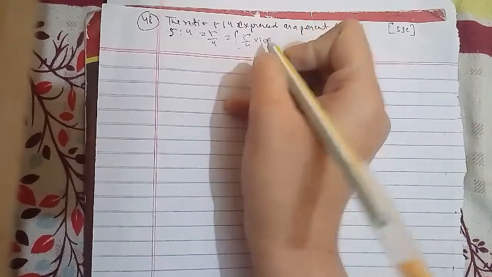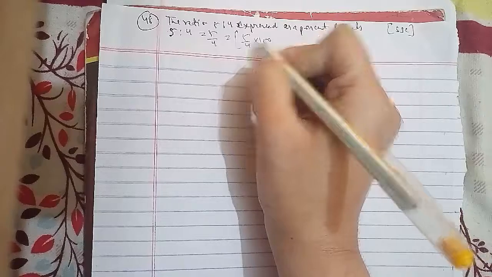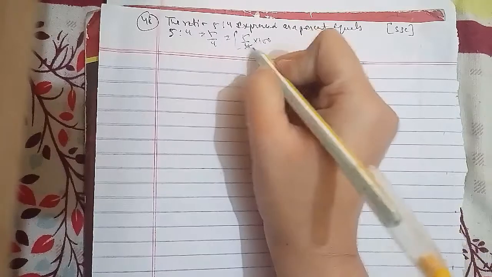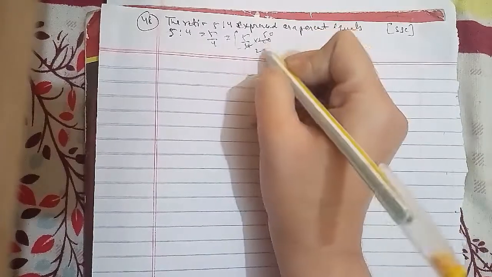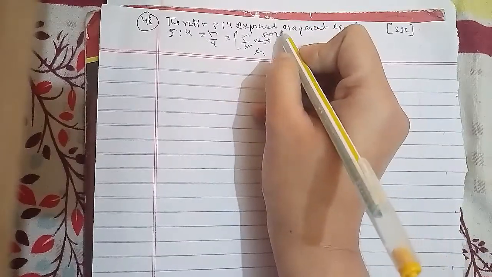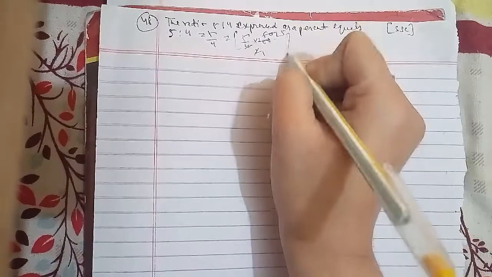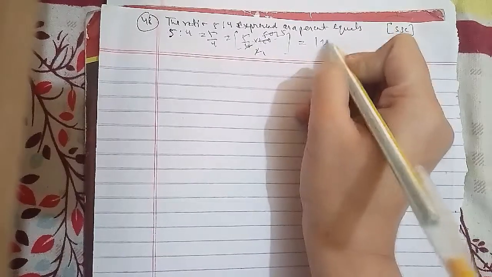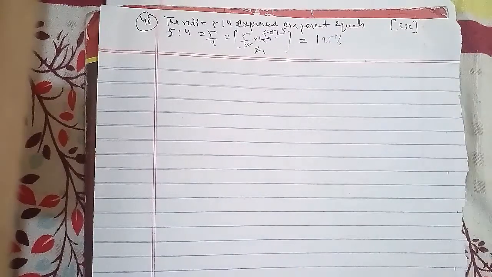This has been asked in the RRB examination paper. The options are 0.35%, 3.5%, 35%, and 350%. So we'll find out the solution.